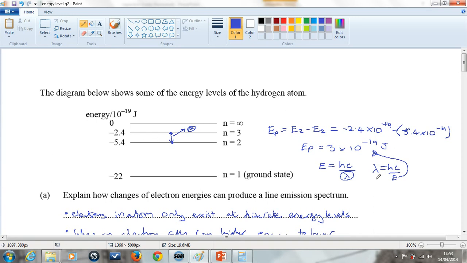When I plug those numbers into my equation, I end up getting a wavelength, which is equal to 6.6 times 10 to the minus 7 meters. And the question doesn't ask it, but it's worth thinking, that is just within the visible range of 4 to 7 times 10 to the minus 7 meters.